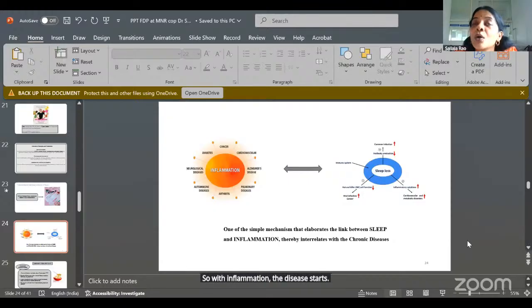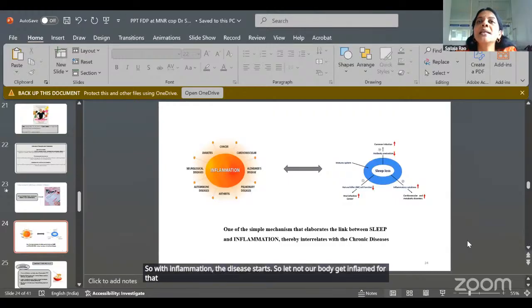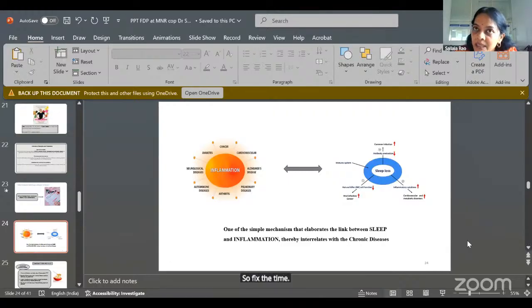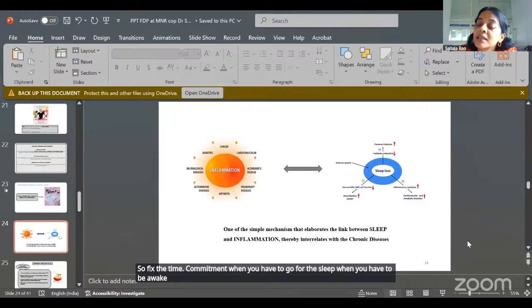So let not our body get inflamed. For that, the sleep pattern, the circadian rhythm, should be maintained. So fix the time, commit to when you have to go to sleep and when you have to be awake, and then you can do wonders.